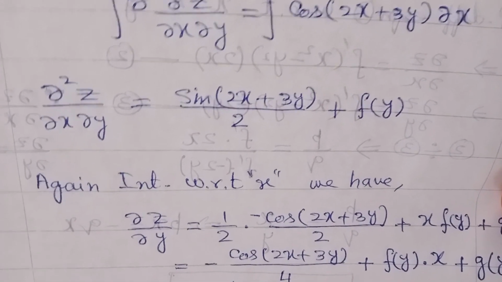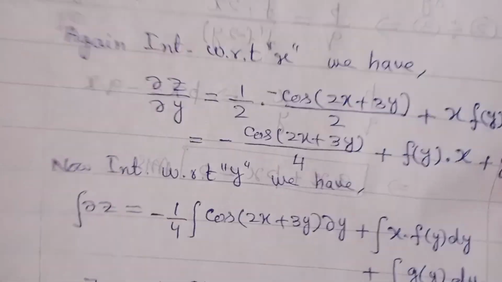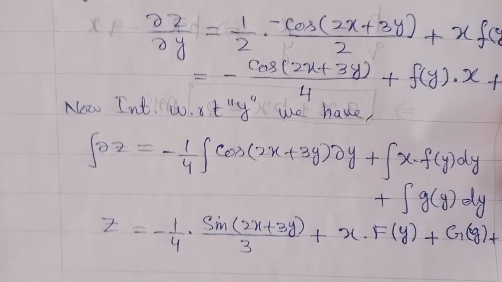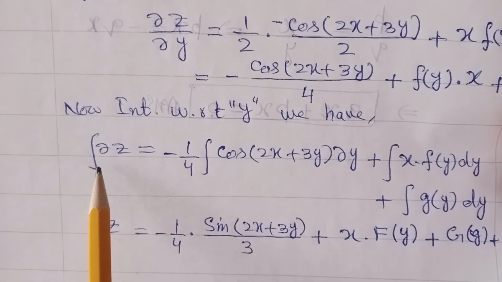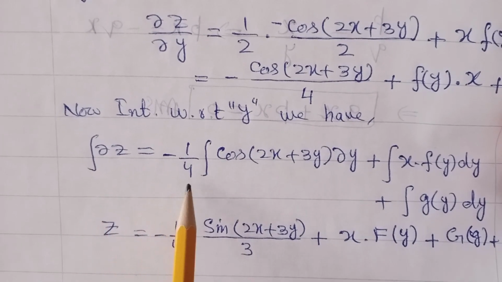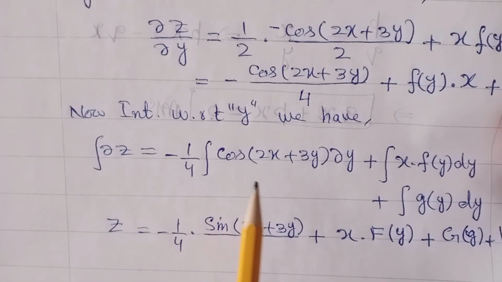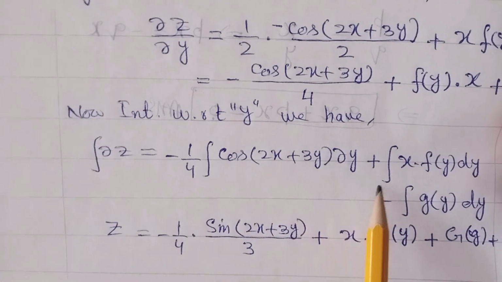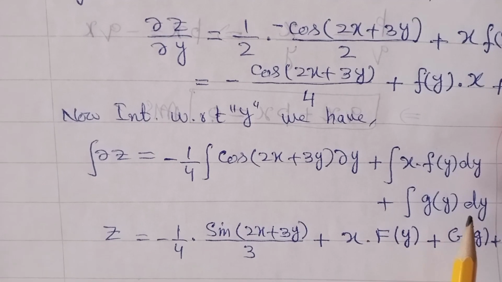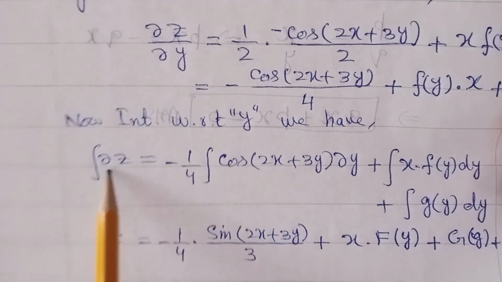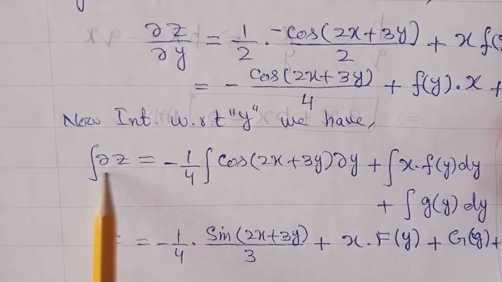So the third time, now we are going to integrate. The equation becomes, at the left hand side, the integral of ∂z equal to minus 1/4 times the integral of cos(2x + 3y) ∂y plus the integral of x f(y) dy plus the integral of g(y) dy. Here the partial and integral signs will both be cancelled out.